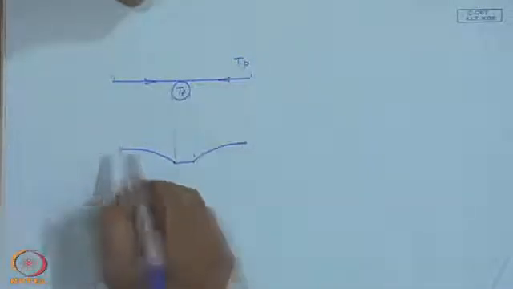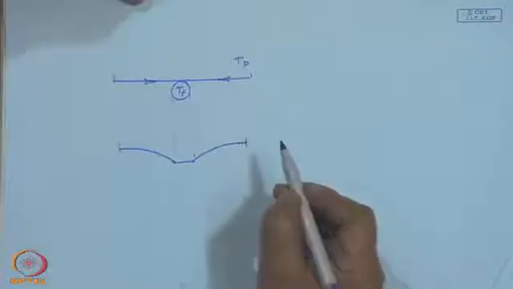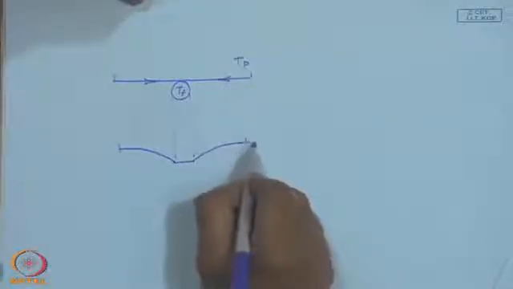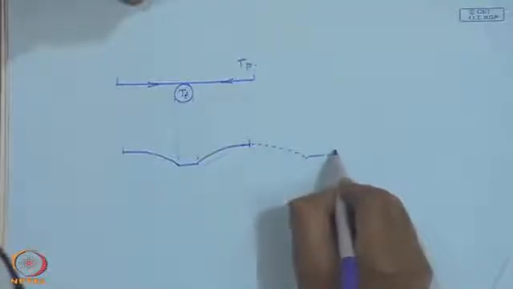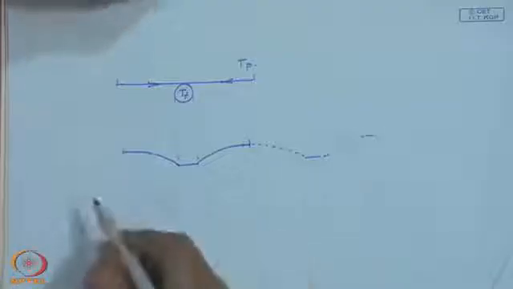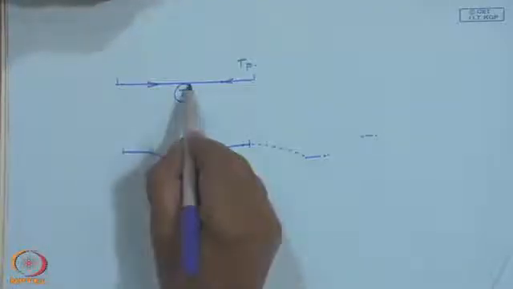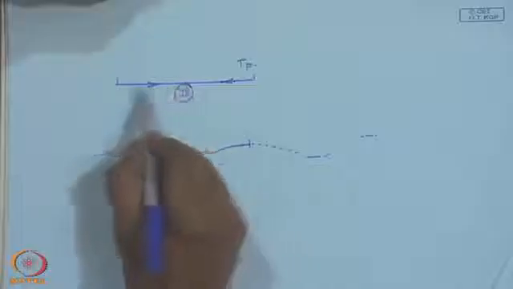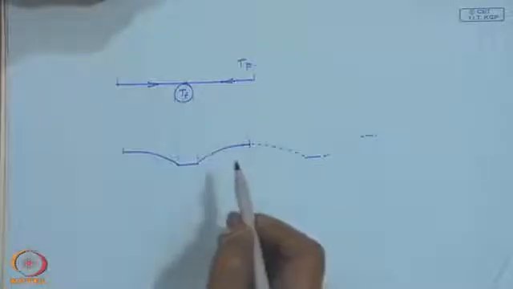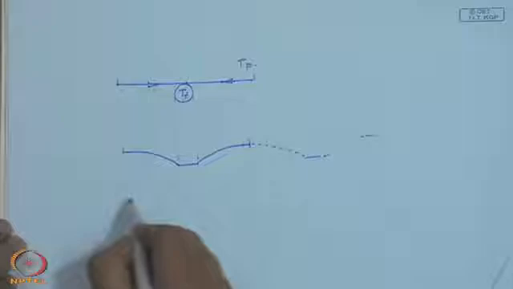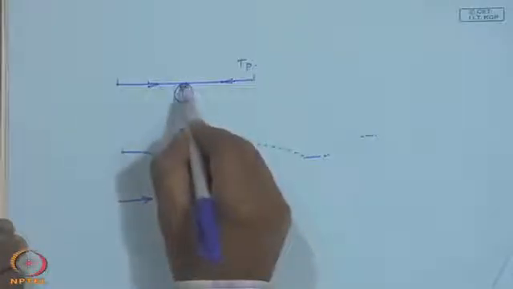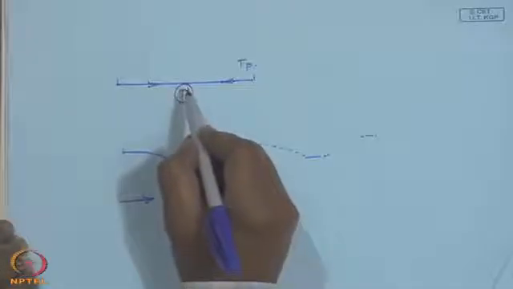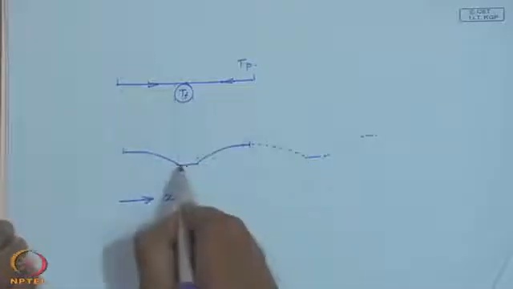So, the temperature is highest at the symmetric plane, because again it will continue like this, then another tube, again it will continue like that. So, we have taken half a sheet on this side and another half a sheet on this side for a particular tube. This is in the x direction. We are saying that the temperature variation around the periphery is negligible. So, this is a constant temperature.